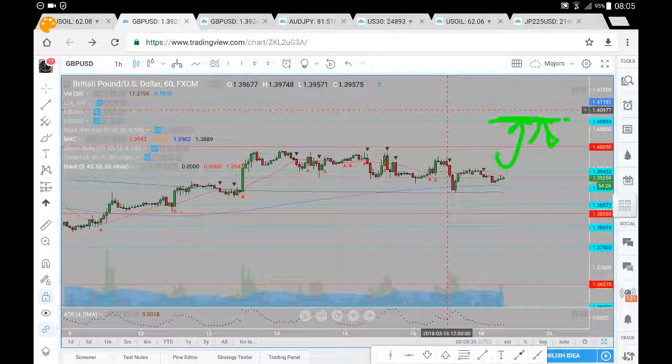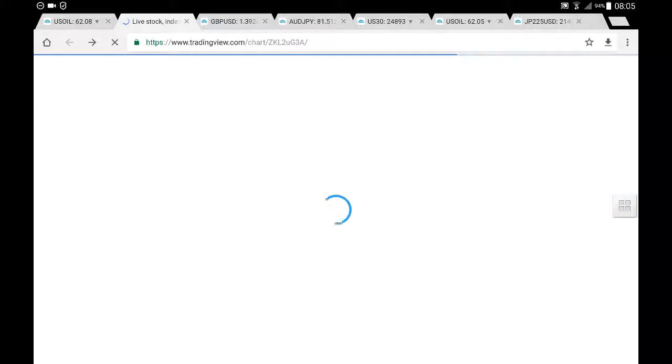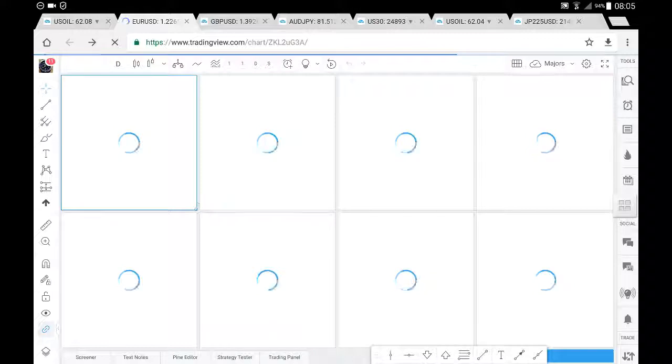Now, let's just have a look at the potential if we do not see the upside momentum play out, where we would expect prices to potentially head.